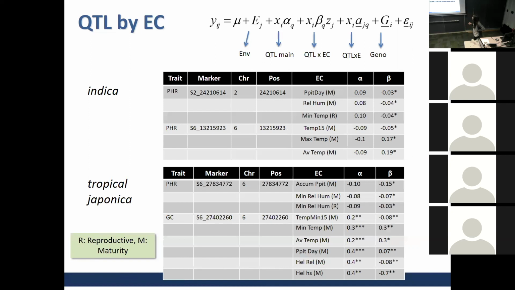So it could be possible that for chalkiness in Uruguay, and maybe also in other temperate or subtropical areas where temperatures are not as high as in the tropics, there may be other weather components affecting this trait. It could be minimum temperature or also solar radiation. And there are some physiological studies within the Uruguayan germplasm that the breeders are doing in Uruguay that also point to this.